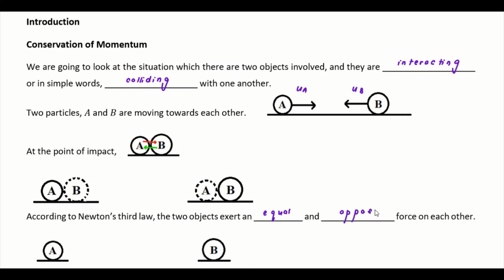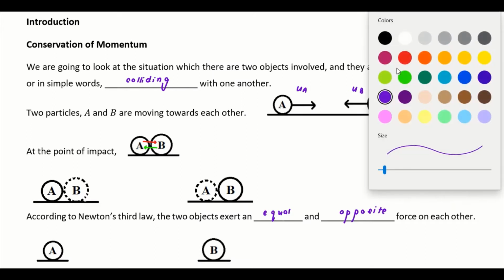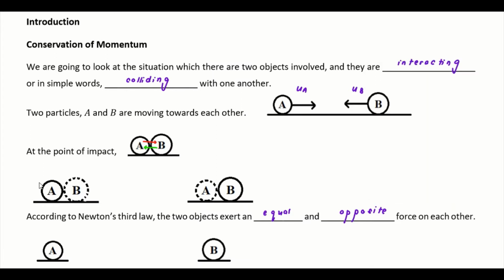Let us look at them separately. For the first diagram, we are going to focus on object A. For particle A, the green color one, particle B is exerting a certain force on A. Because of Newton's third law of motion, A is going to react with an equal and opposite force, am I right?